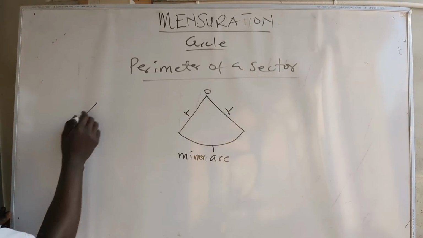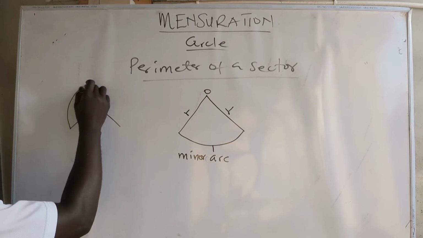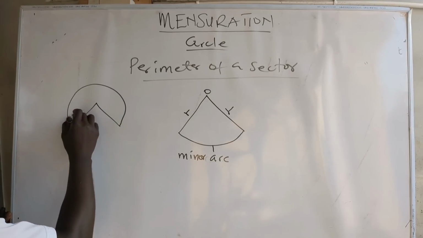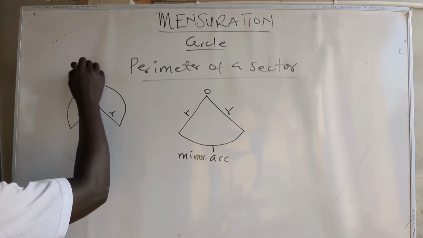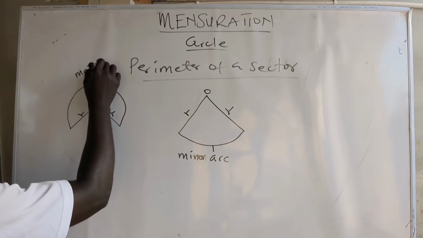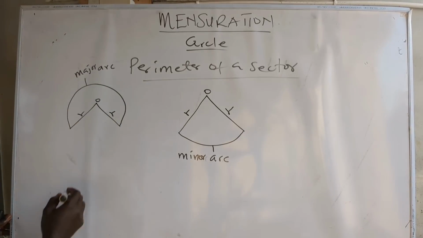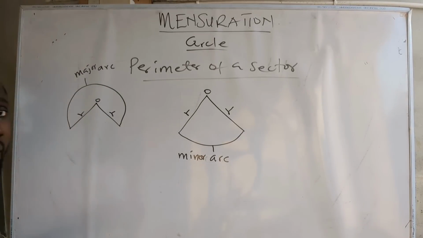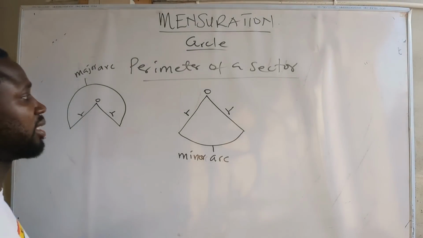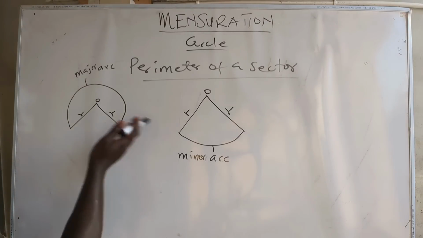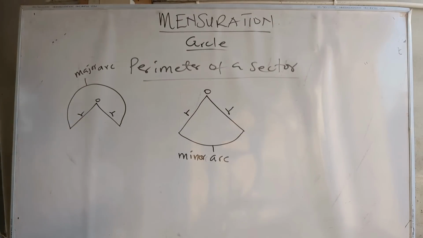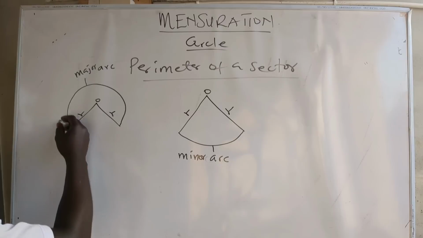If I'm looking at the sector from this side, it is a major sector, so this is my major arc, and then this is my 2 radii. When you talk about the perimeter, we are talking about the distance around the figure. A sector consists of 2 radii and an arc.